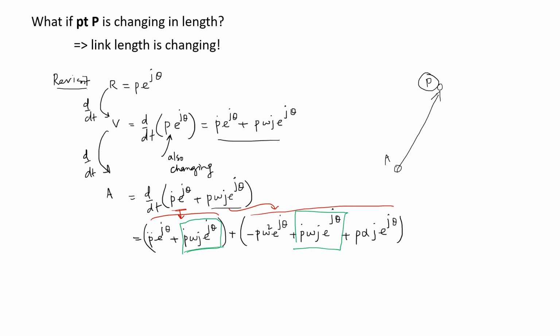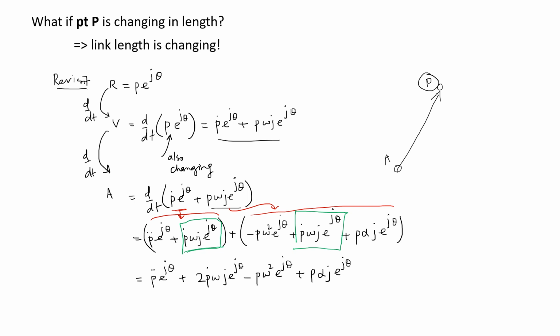As a result, I'll get the cumulated expression to be p double dot e raised to power j theta plus 2 p dot omega j e raised to power j theta, and then minus p omega squared e raised to power j theta, and then the last term, p alpha j e raised to power j theta.